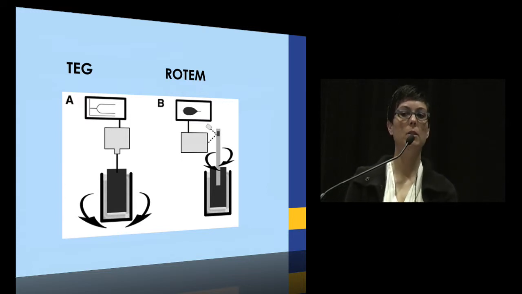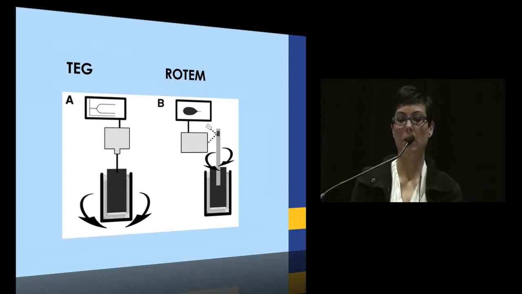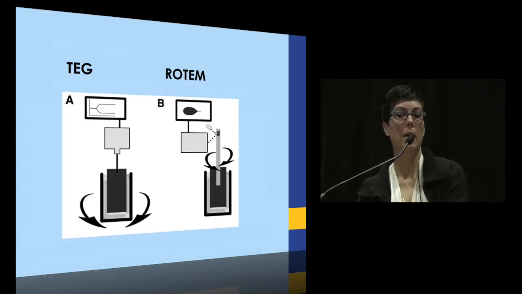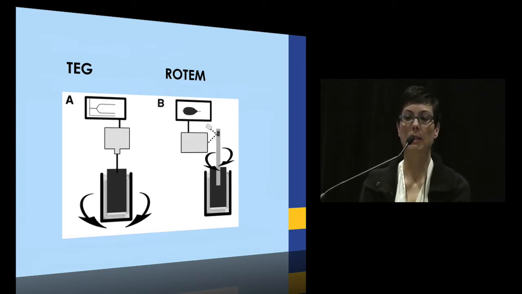So you can see up there the thromboelastogram for the TEG. Now, the way the TEG works is the actual cuvette spins, as you can see there, while the blood oscillates back and forth with the cup, and the blood just stays in that little cup area. In the ROTEM, you can see in that B picture that it has a different thromboelastogram.